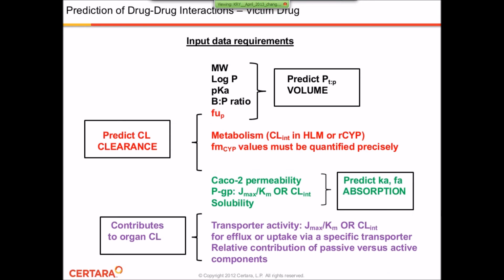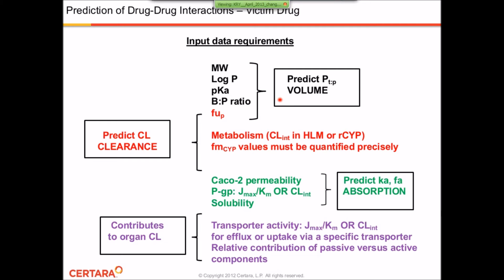So importantly, and one of the things that we're always asked, in fact, I think with respect to PBPK modeling, many people think that the number of parameters required to actually drive these models is quite considerable. So what I'm going to do here is just show you exactly what kind of data are required to actually drive a PBPK model.